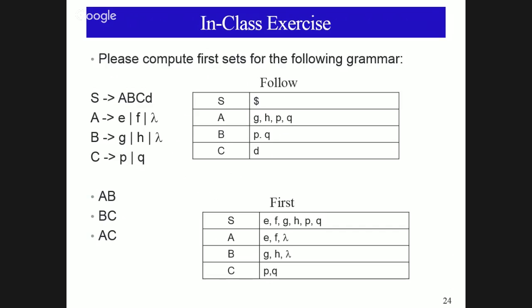This one is not quite as huge. What are the tokens here? I have E, I have F, GH, PQ, D, and here's an interesting one. There's always a column for the dollar sign. It may not have anything in it.